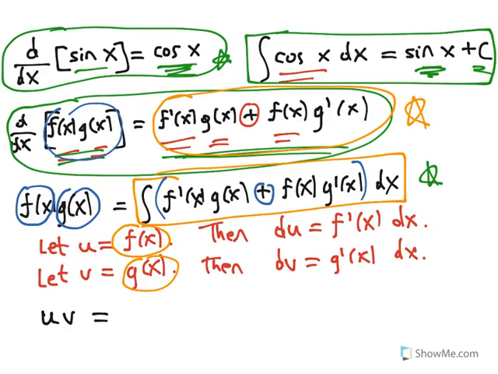If you have the indefinite integral of a sum, you can write that as a sum of two indefinite integrals. So we're going to write it like this, using a property of indefinite integrals.